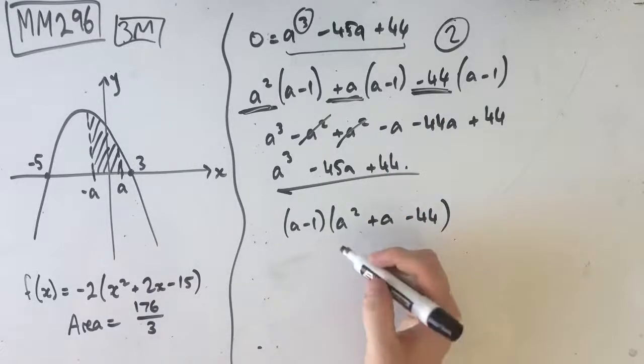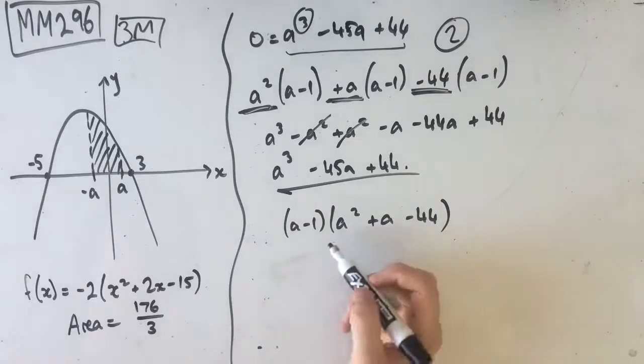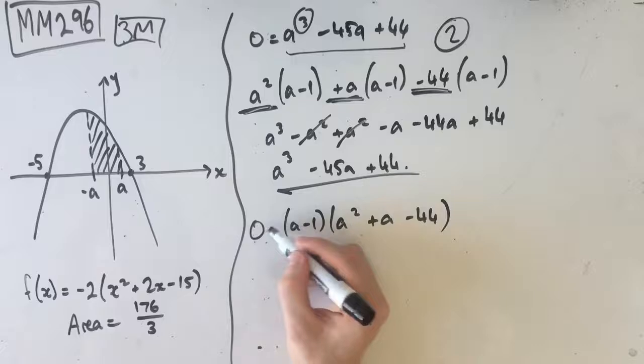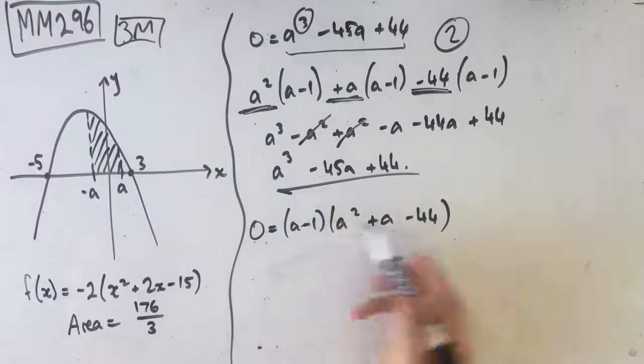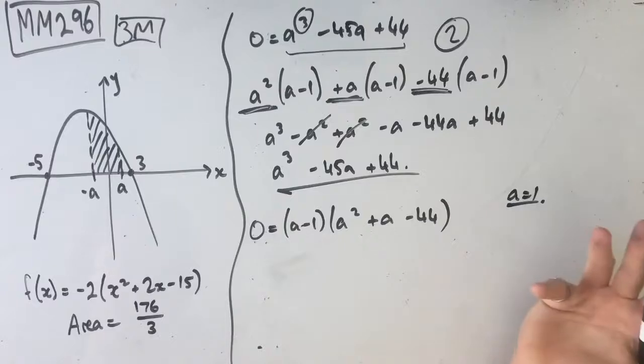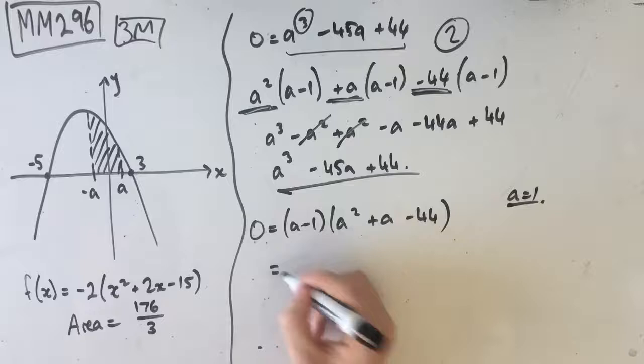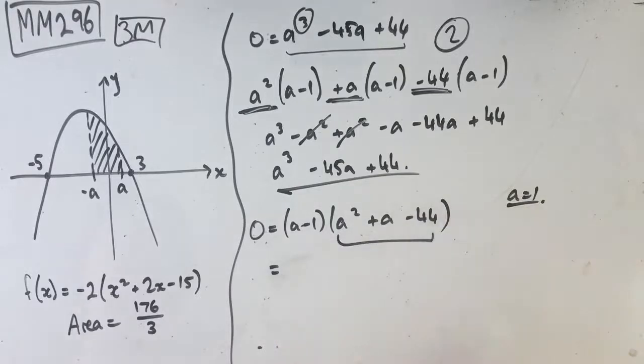And now what we can do to solve for a is do our quadratic formula. We can already say this is equal to 0, so we can already say that a is equal to 1, but we just need to make sure that that's the correct answer, right? So from here, we can use our quadratic formula to solve this bit here.